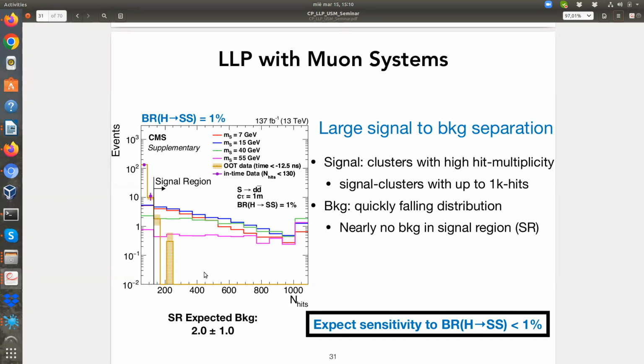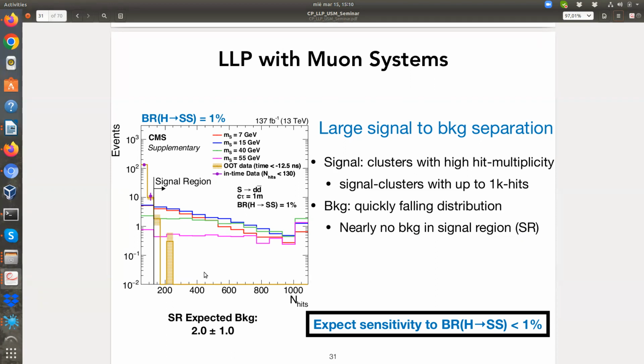Typically you need about 7 signal events to rule this out if you do the statistical analysis. Here you can see 1, 2, 3 means you have about 50 of them. So you will expect this to have sensitivity below 1%, maybe well beyond 1%. So it's pretty good. We're probing something that normal Higgs processes cannot do, by using this long-lived particle technique.